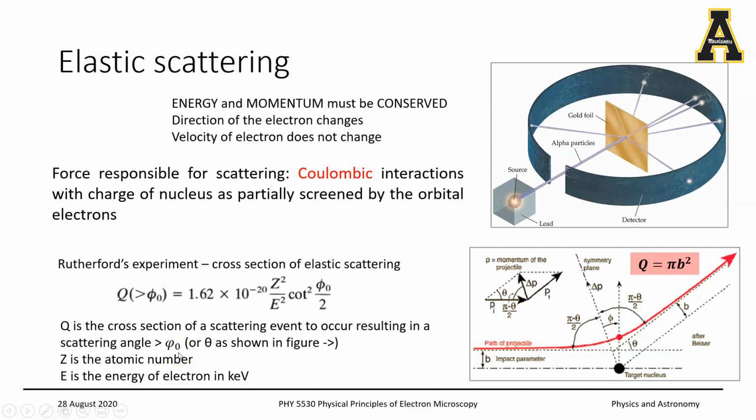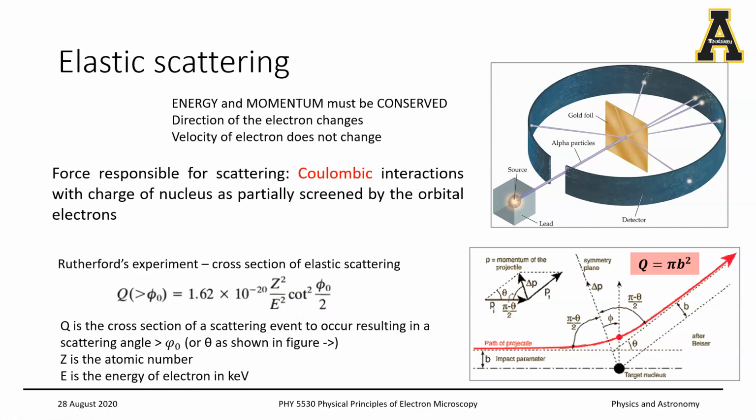What this basically means is that it's a measure of the probability that an incident particle or an incident electron will be scattered by an angle greater than phi naught. Okay, and this probability is proportional to the atomic number of the atom and is inversely proportional to the square of the energy of the incoming electrons, right?